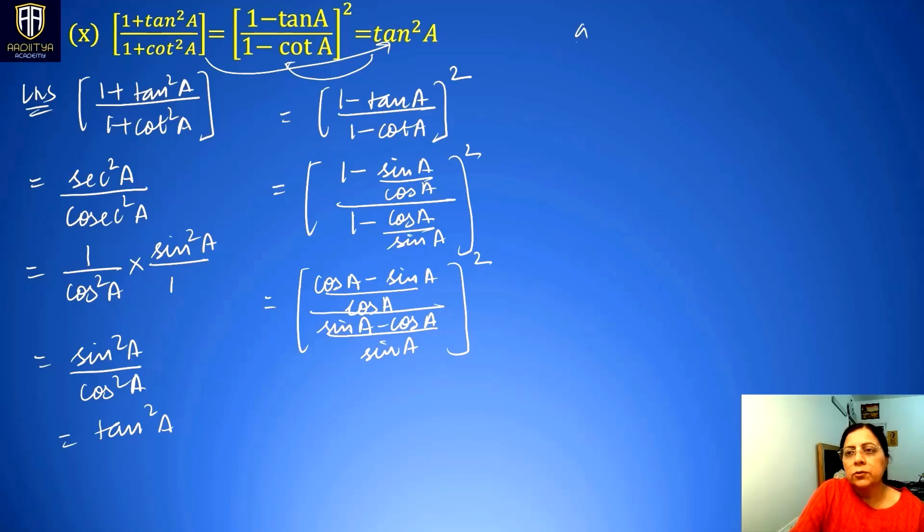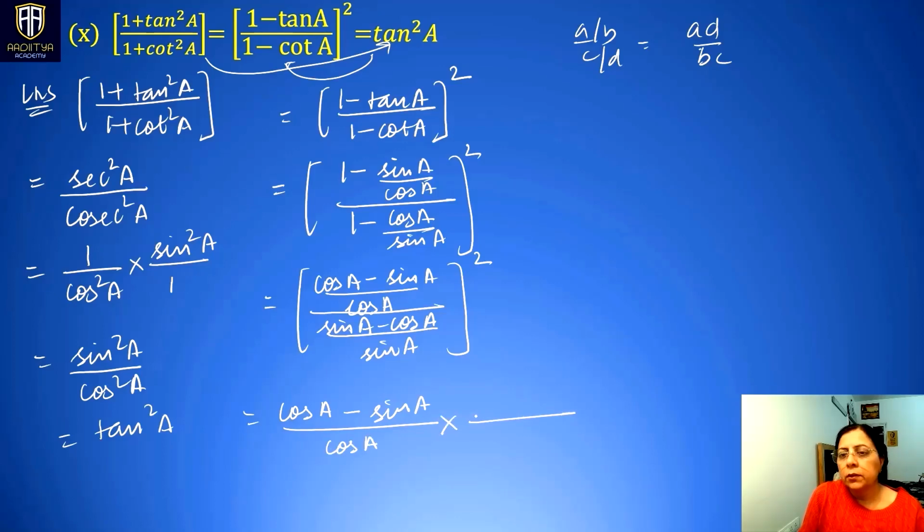If we have 4 ratios, A by B, C by D, we need to keep this in mind, A into D and this B into C. So what we can do here is cos A minus sin A upon cos A. Right? And we flip the denominator so that this becomes sin A, and this is sin A minus cos A, and this is under the whole square.